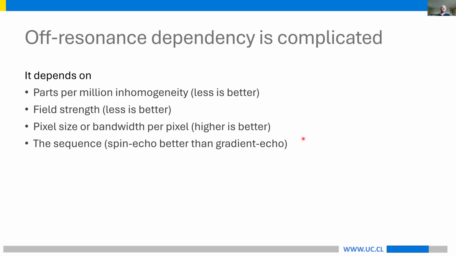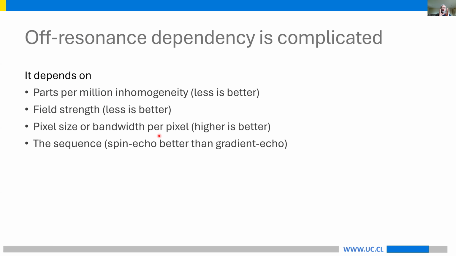But off resonance is, of course, much more complicated. As we saw recently, it depends on parts per million of the homogeneity. The lower the field strength, the better, but it also depends on pixel size or bandwidth per pixel. Typically, if you increase your bandwidth, that means you make your readout shorter.